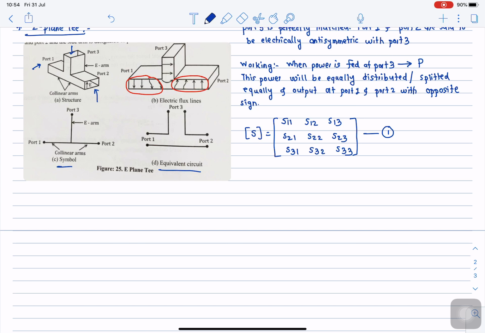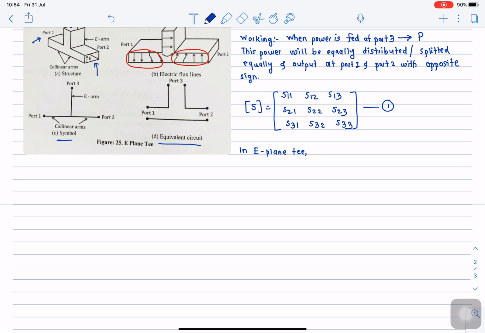Let us start with this matrix. I will write here the property of E plane T. In E plane T, we know that port number 3 is anti-symmetrical with respect to port number 1 and port number 2.